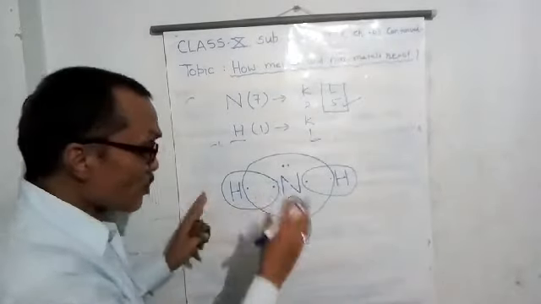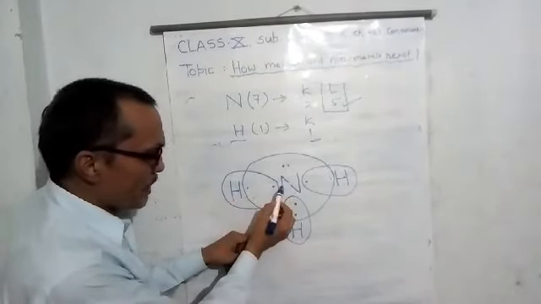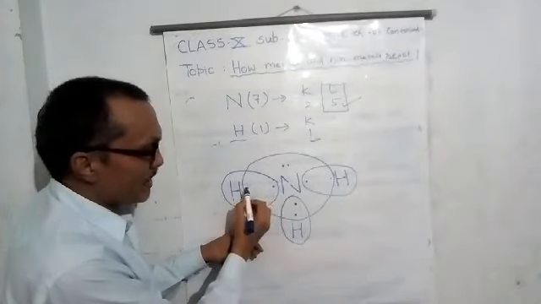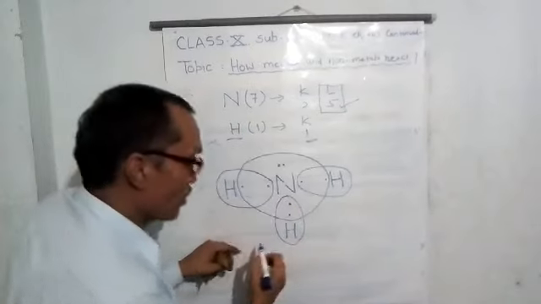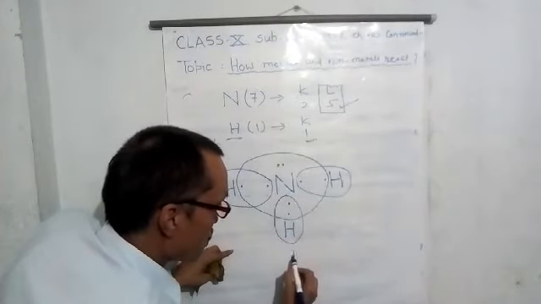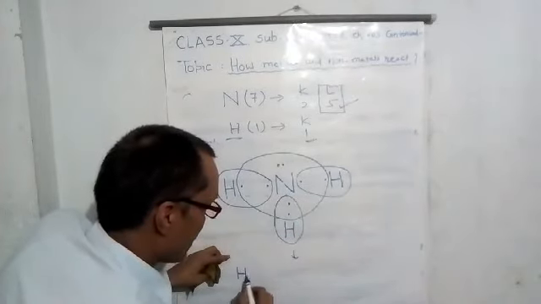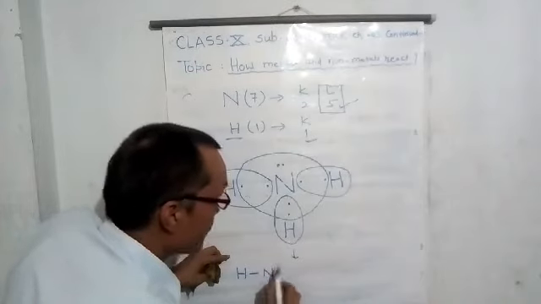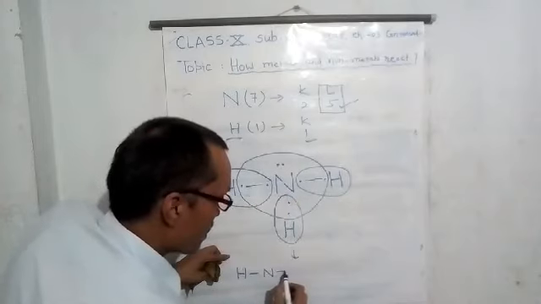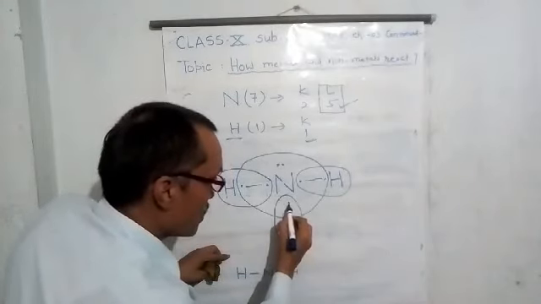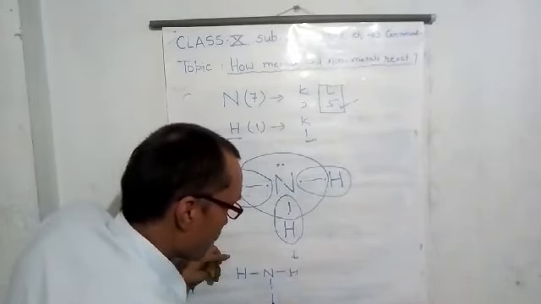Students, between nitrogen and hydrogen there is mutual sharing of one electron each. So you can show this like H single bond N, also single bond H, here also single bond H.